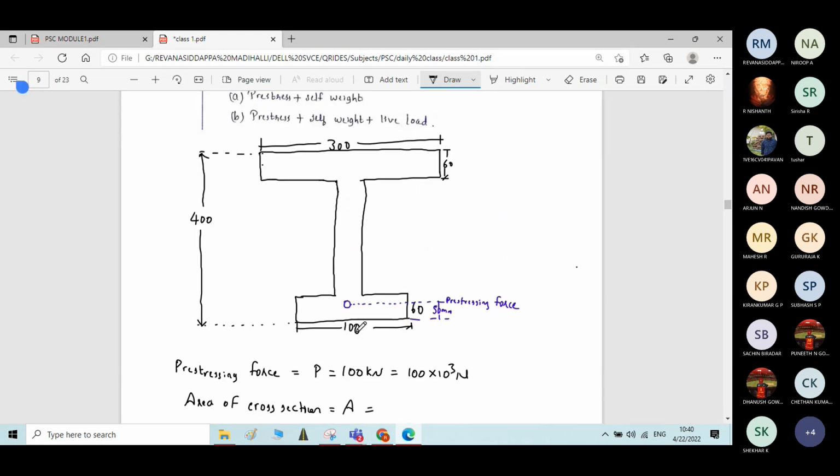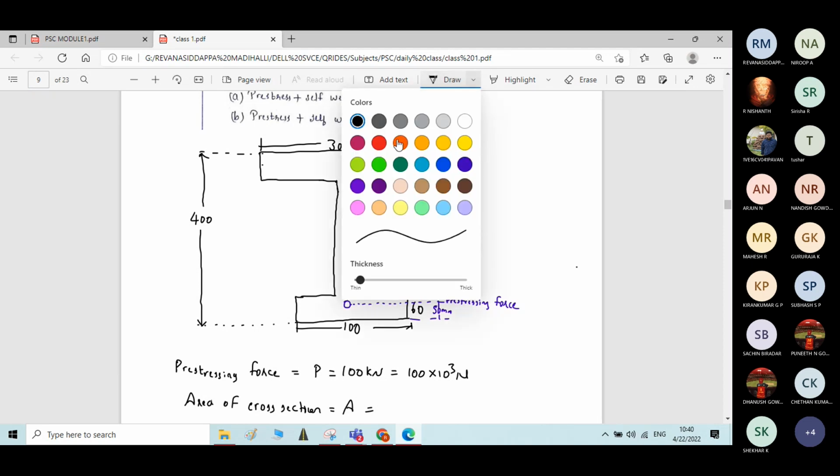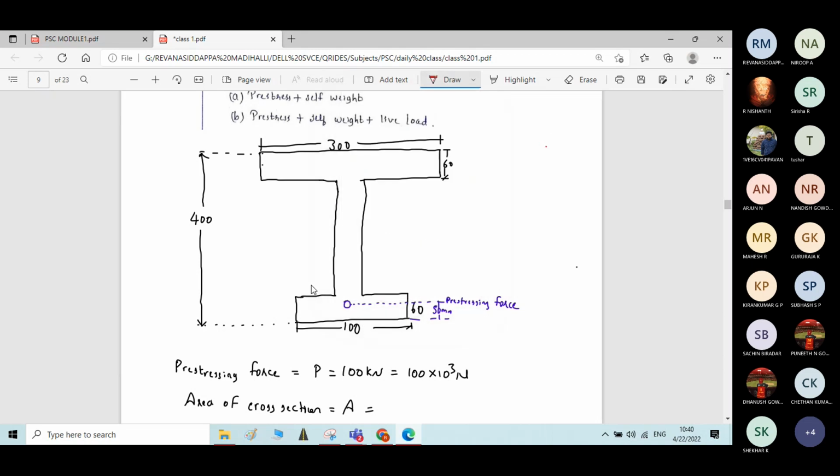For calculation purpose, I will divide the I section into 3 parts. This I'll take as rectangle number 1, this as rectangle number 2, and this as rectangle number 3.